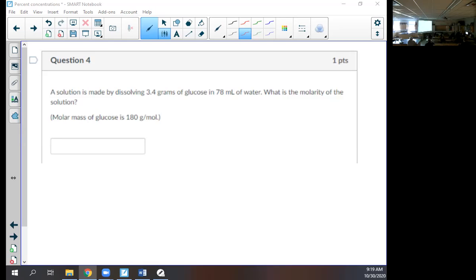So we're solving for molarity. I did not give you moles, so there are 2 steps. Or the bigger plus sign if you feel like it.